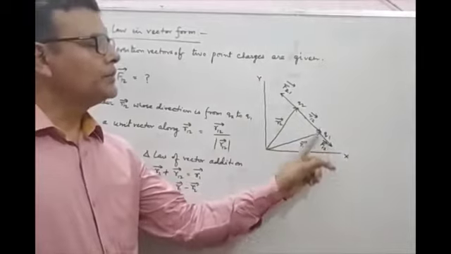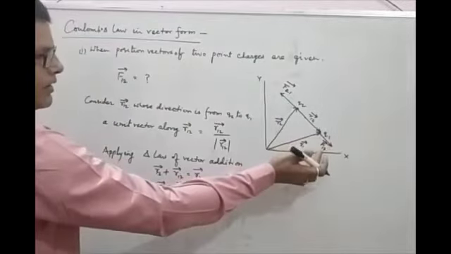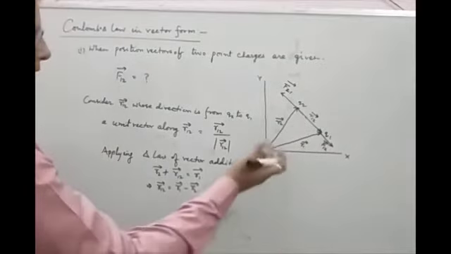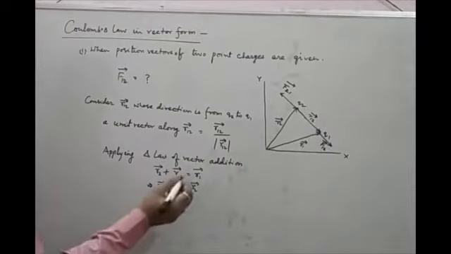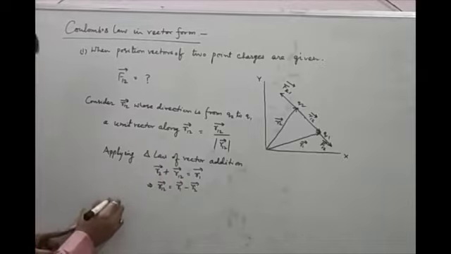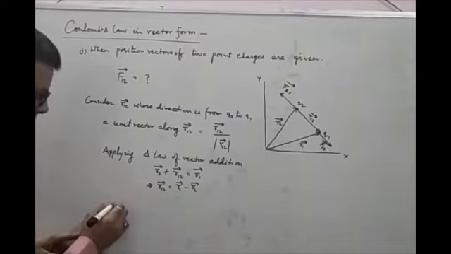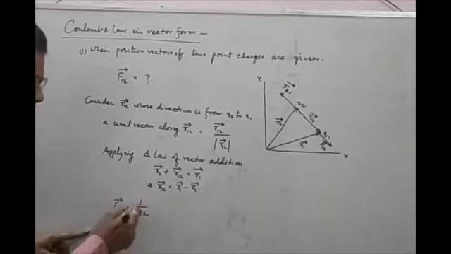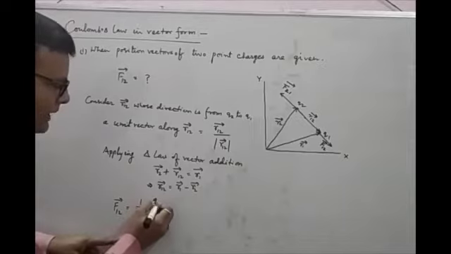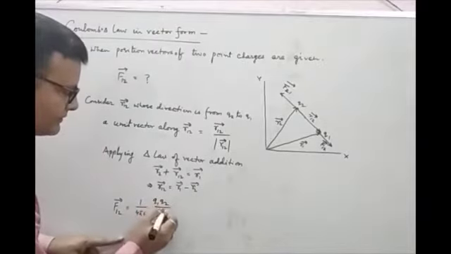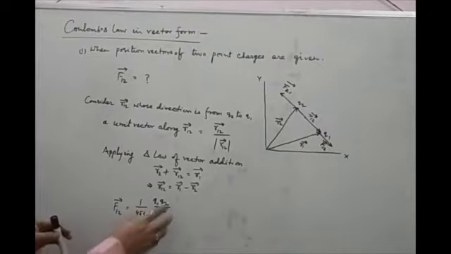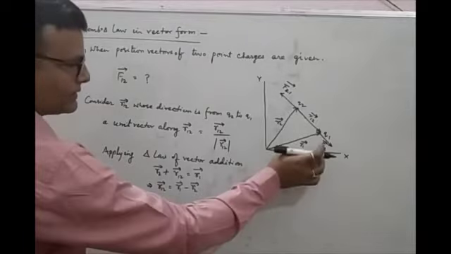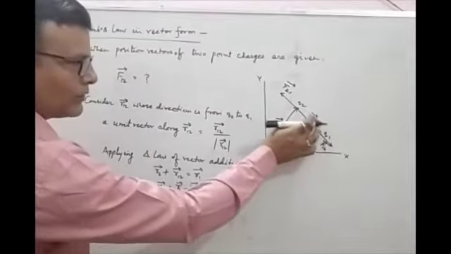Now we have both the direction of F12 vector and magnitude, so just write its magnitude and direction. Now we can write Coulomb's law in vector form as F12 vector is equal to 1 by 4 pi epsilon naught, first its magnitude Q1 Q2 by R square. This is the magnitude of this force, and now you have to write its direction. The direction of F12 vector is along R12 vector.